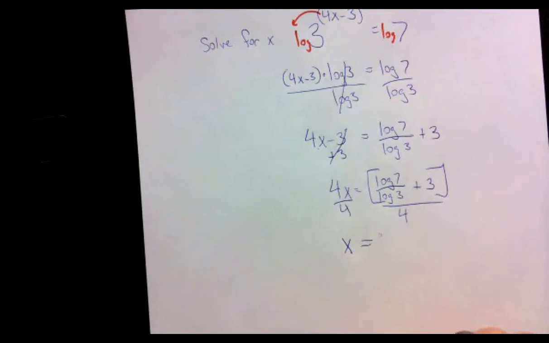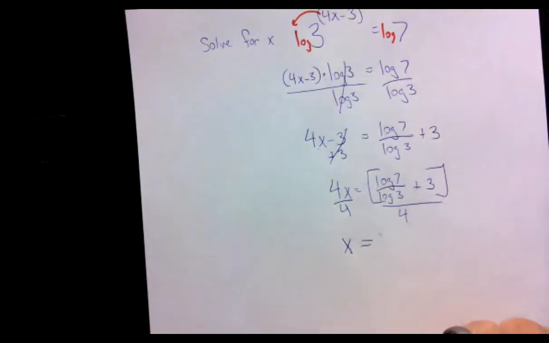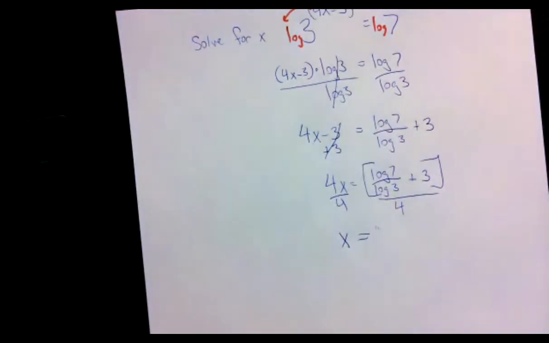Make sure when you plug it in, you're plugging in this entire quantity the way it looks, or do it in stages, which is how I would recommend doing this. So for example, I would type in the log of 7, close parentheses, divided by log of 3, close parentheses.